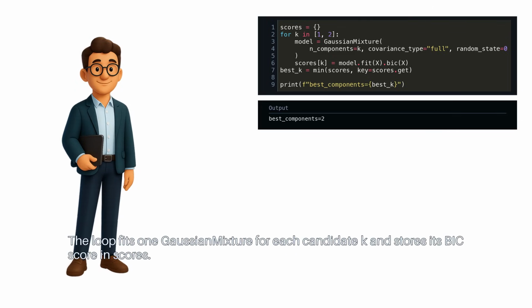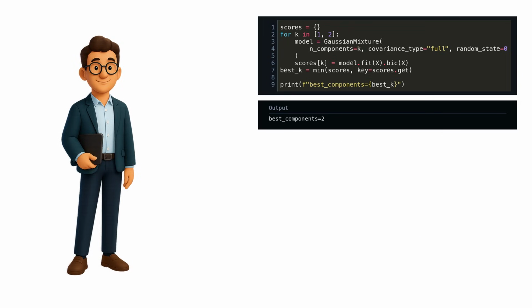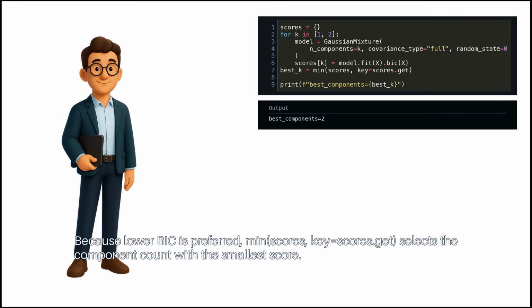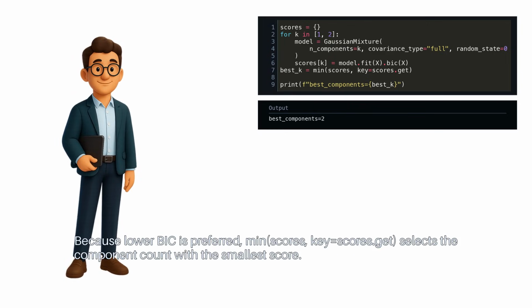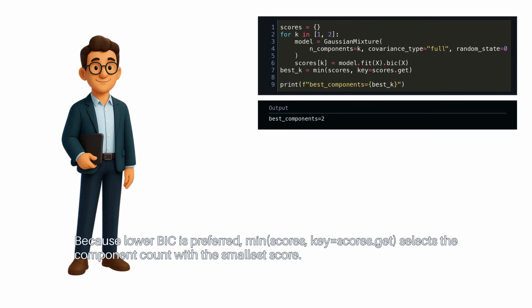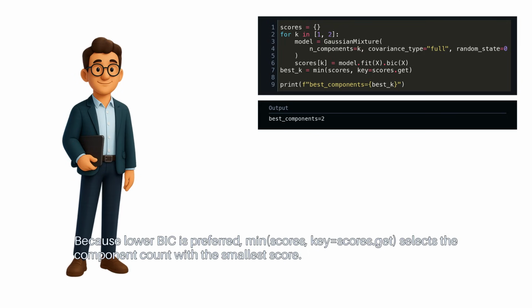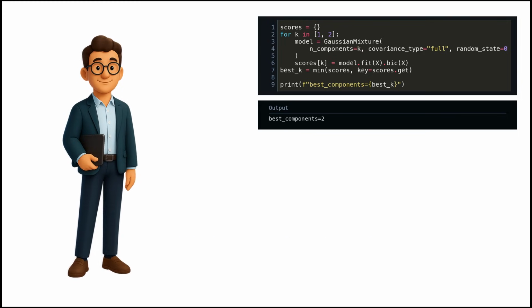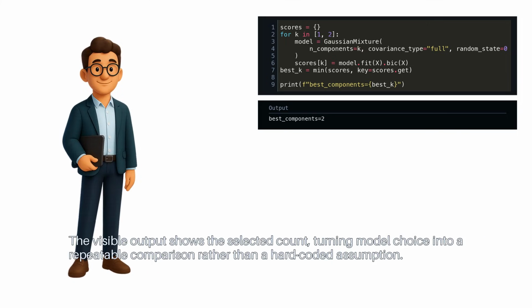The loop fits one Gaussian mixture for each candidate K and stores its BIC score in scores. Because lower BIC is preferred, min(scores, key=scores.get) selects the component count with the smallest score. The visible output shows the selected count, turning model choice into a repeatable comparison rather than a hard-coded assumption.